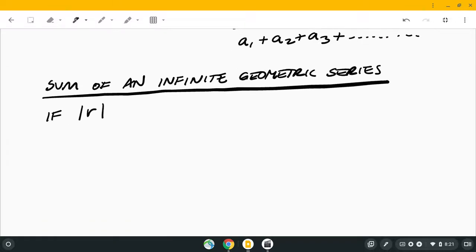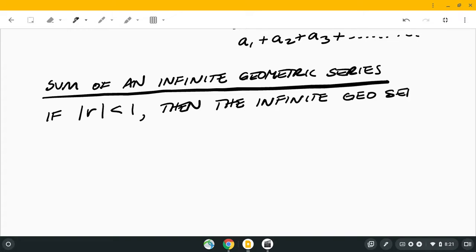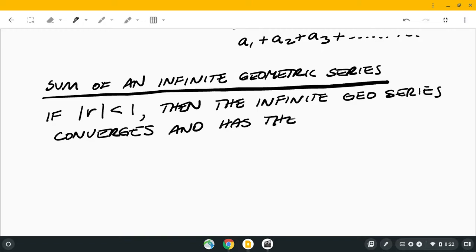So if the absolute value of your common ratio, because sometimes your common ratio could be negative, is less than 1, then the infinite geometric series converges and has the sum S.